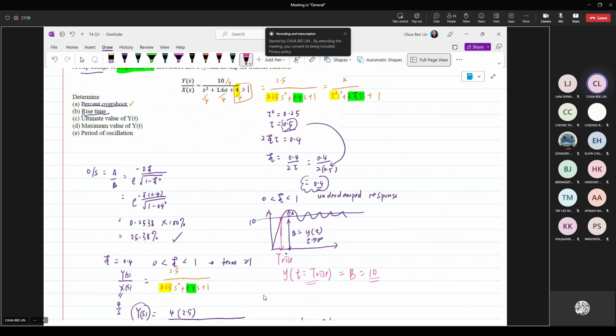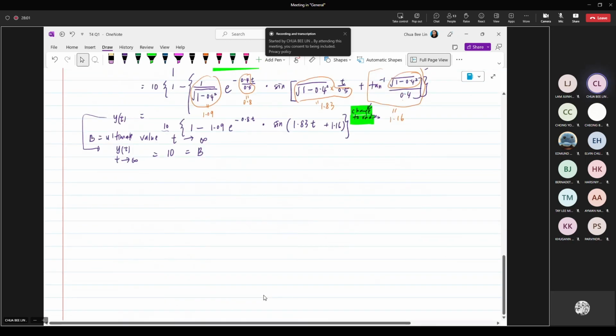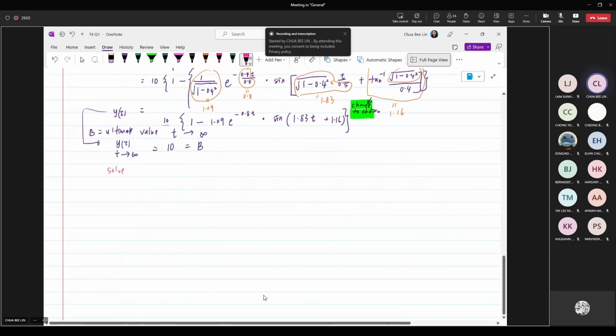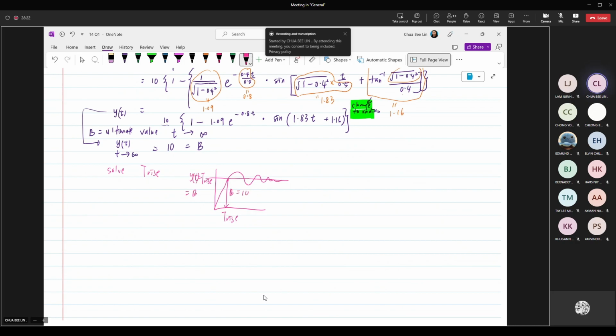So now solve t rise. And the YT at t rise is equivalent to the B value. And your B is 10 that you have solved.